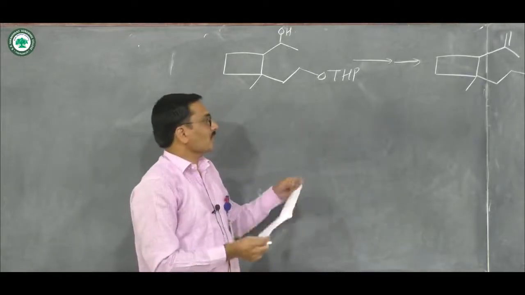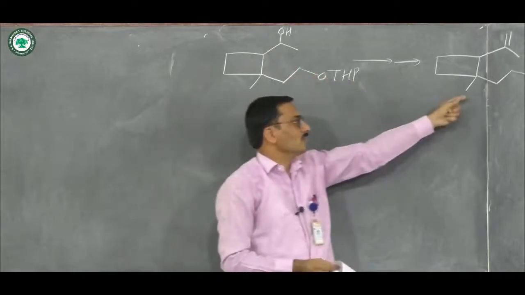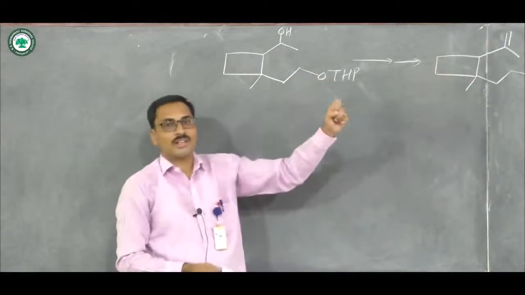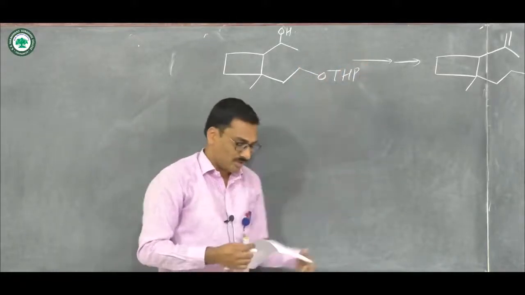So in this particular case, we have to convert this given molecule into this type of product. Again, we choose the proper reaction condition and reagent for this particular transformation.